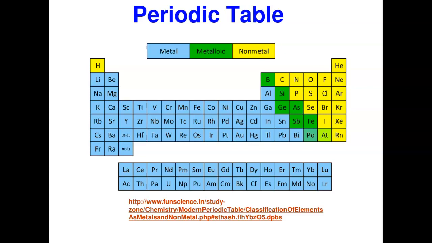You find out that the metals are located to the left side of the periodic table, whereas the non-metals are located to the right side, and in between, at the boundary, is where we find the metalloids. What does that tell you? It tells you that if you go to the left of the periodic table, the metallic character should increase. And if you go across to the right, the metallic property should decrease.